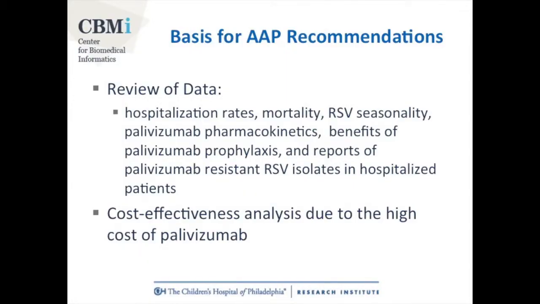So the basis for their recommendations and for the revisions that they have made are around review of data in numerous areas, including the hospitalization rates for RSV, mortality, RSV seasonality, the palivizumab pharmacokinetics, the benefits of prophylaxis, and the reports on palivizumab-resistant RSV isolates that have been found in hospitalized high-risk patients, as well as looking at cost-effectiveness analysis because of what we all know is the very high cost of palivizumab.